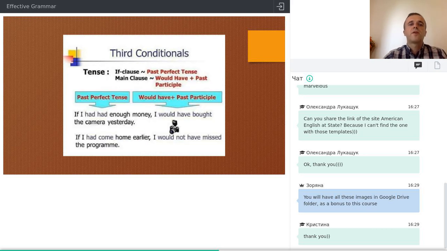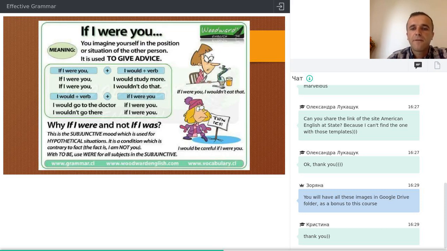So you have second conditionals, third conditionals, and for elaborating different structures like "If I were you", you can use this template. This template is really helpful.